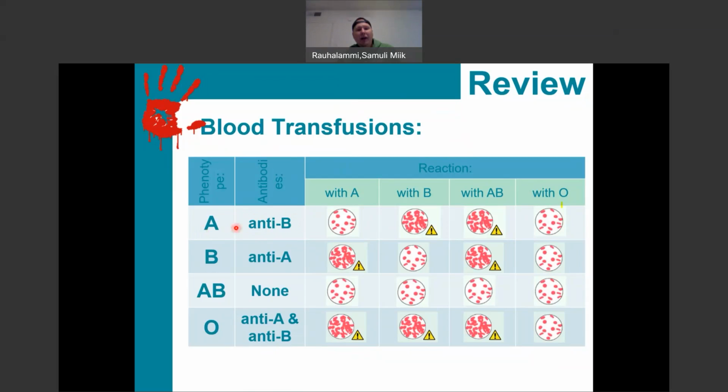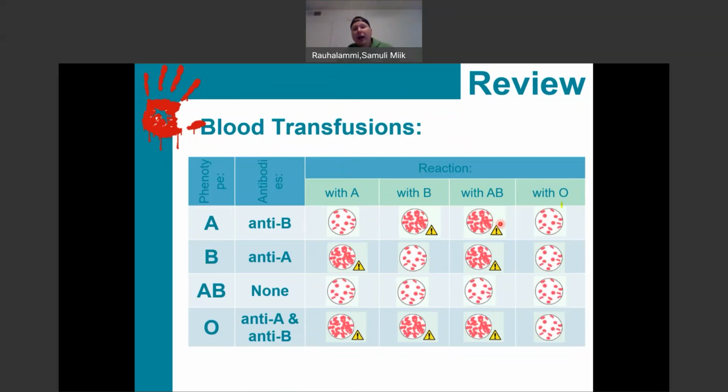So you can give blood from a donor whose blood type is A to an individual who is blood type A. If the recipient is blood type A, and they receive blood from a blood type B, there would be a reaction, agglutination, because now the anti-B antibodies in this recipient's blood will attack the B sprinkles, the B antigens on the surface of the red blood cells of the donor.